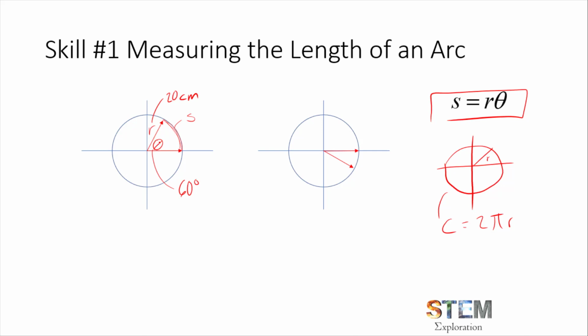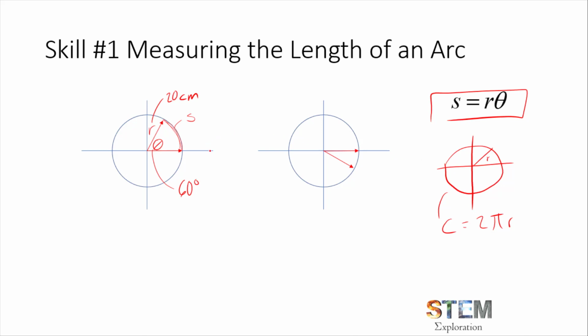The only thing you really need to do in this instance is, instead of going 2 pi for the entire circle, multiply by the theta value for the portion of the circle that we're looking at instead of 2 pi. So it's going to be some fraction of 2 pi.